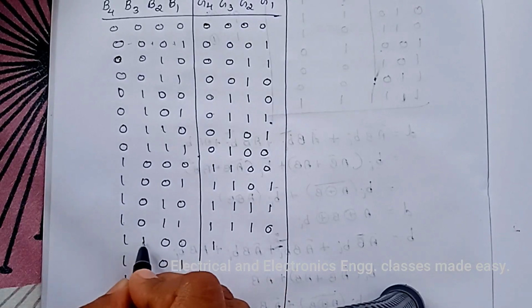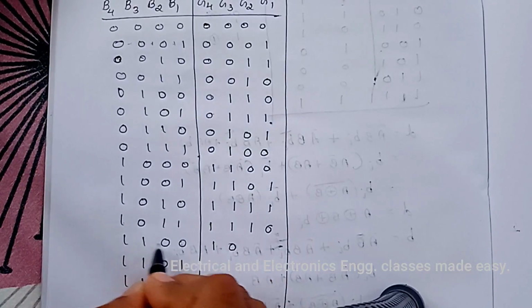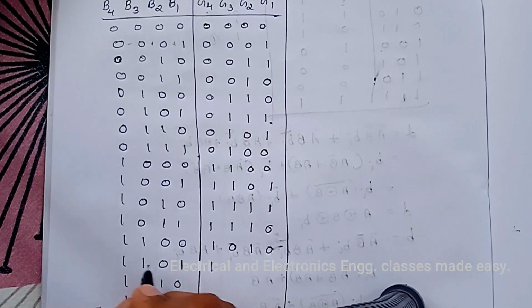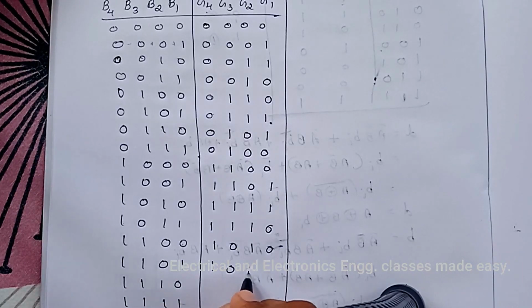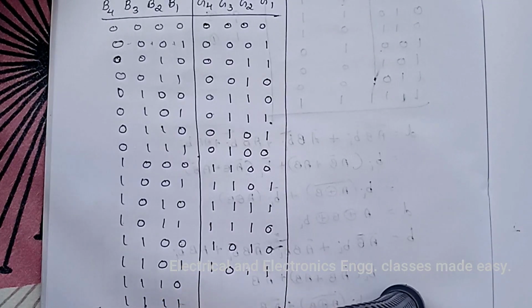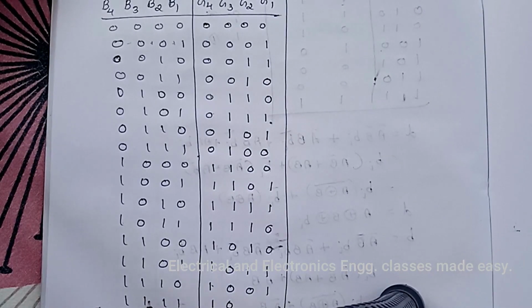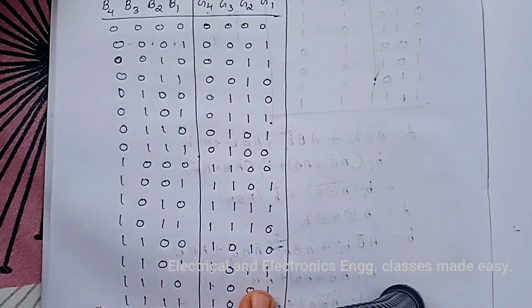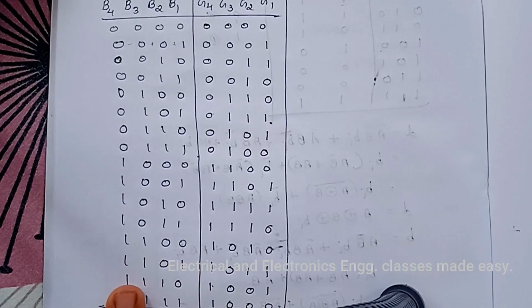Next 1, 1 plus 1 is 0, 1 plus 0 is 1, 0 plus 1 is 1. Next 1, 1 plus 1 is 0, 1 plus 1 is 0, 1 plus 0 is 1. Next 1, 1 plus 1 is 0, 1 plus 1 is 0, 1 plus 1 is 0. So this is the gray code corresponding to the binary code.